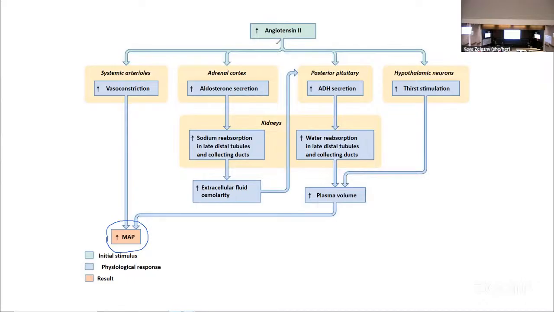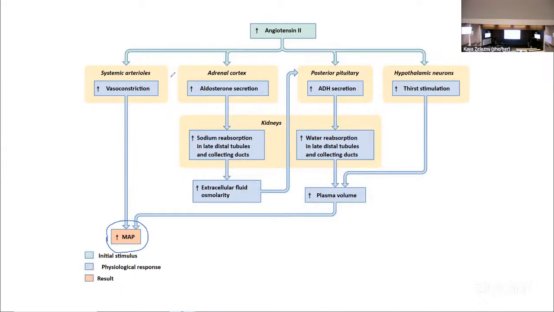So usually when we're creating this angiotensin 2, because we're creating renin from those juxtaglomerular cells, converting it to angiotensin 1, and then ultimately to angiotensin 2, we're doing that because we're noticing some kind of low blood pressure situation. One way we can fix low blood pressure is just to squeeze down arterioles.